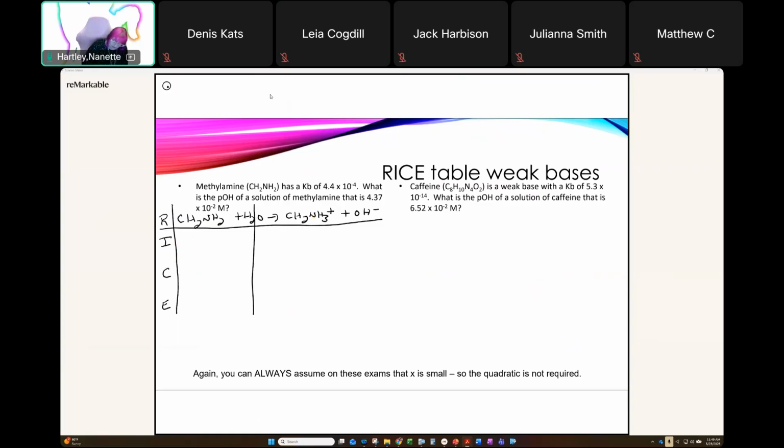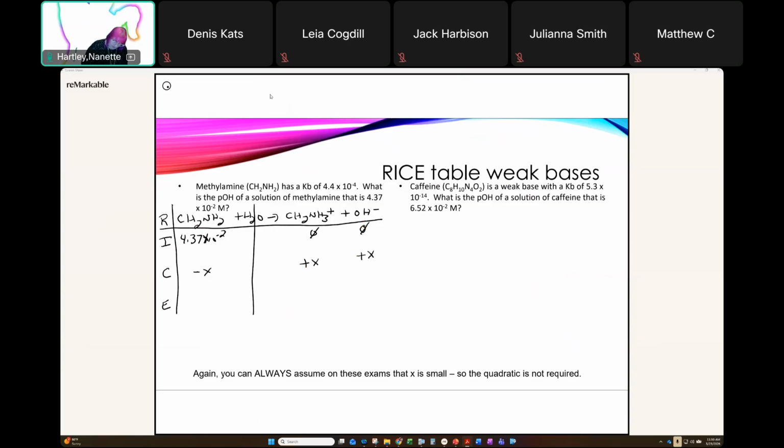My initial condition for my methylamine is 4.37 times 10 to the minus 2. That's my initial concentration for that. I'm assuming I have none of this and none of this. Every time I react one of these, I take one of those out of there to generate this, and I generate one of these as well.